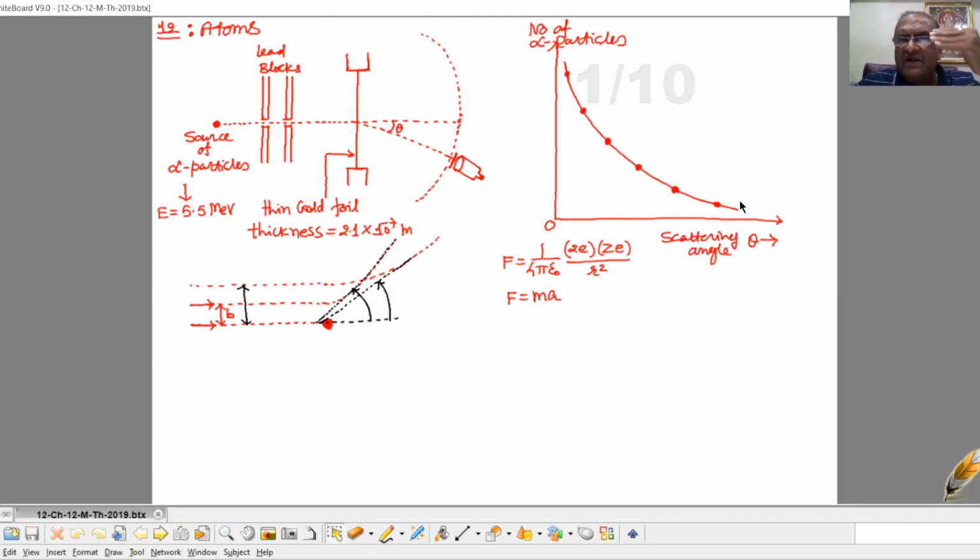So perfectly matched theoretical and experimental observations. It implies that Rutherford's assumption, like entire mass and the positive charge is concentrated in the small tiny region, and that is called nucleus. And here the scattering angle depends on this impact parameter.